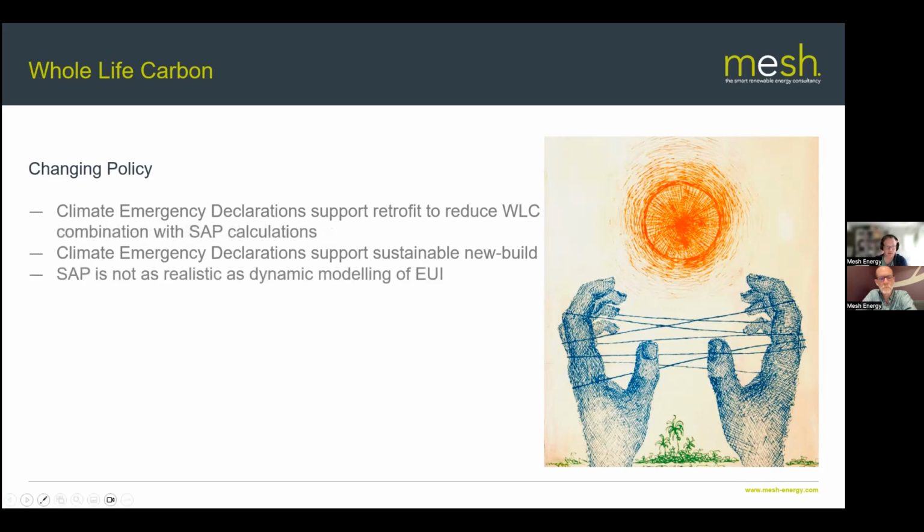And so we get into whole life carbon again. But as we know, some of you might have experienced this, the difference between design and reality. SAP is not as realistic as one might hope, and it's not as accurate as the dynamic modeling of energy use intensity if you're using dynamic thermal modeling software.